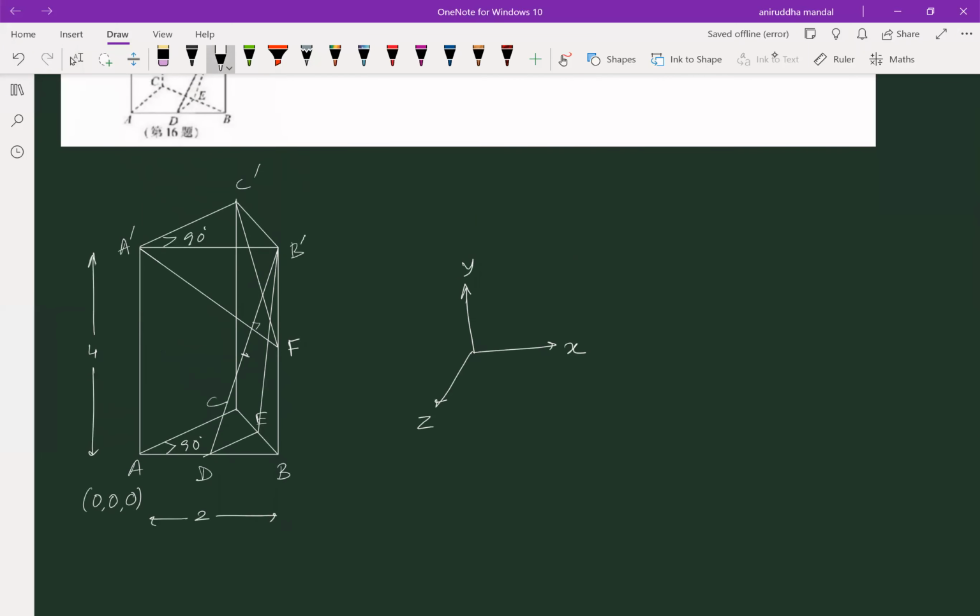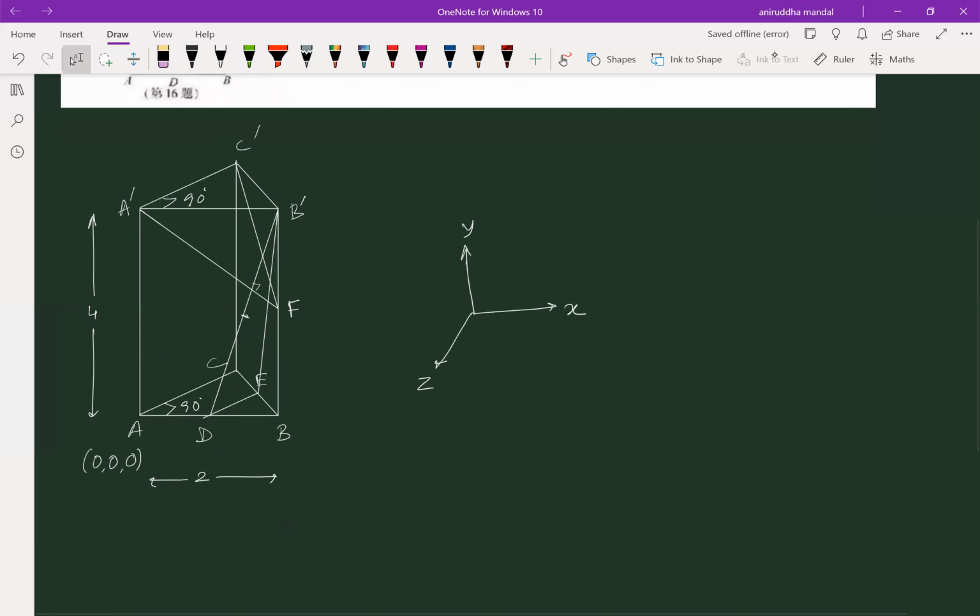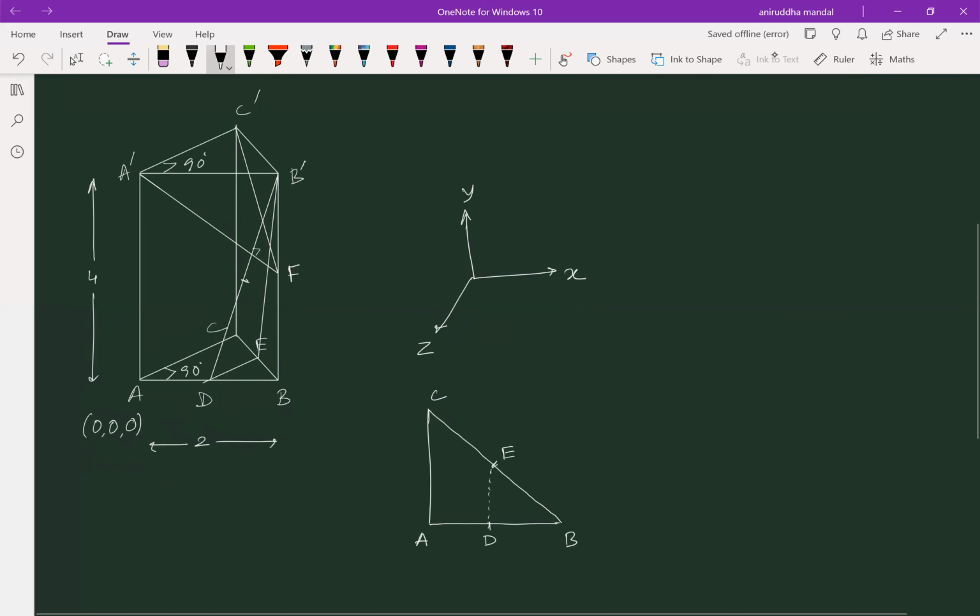Let us take the first triangle, the base triangle. Let's draw again. So this is A, B, C. This is D, and this is E. Now A is 0, 0, 0.